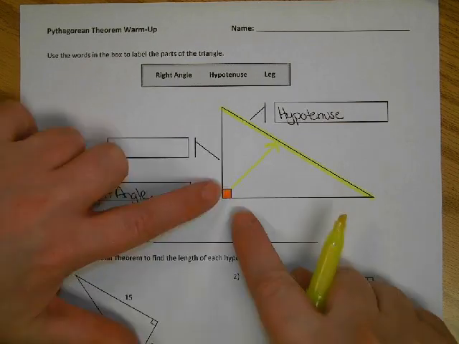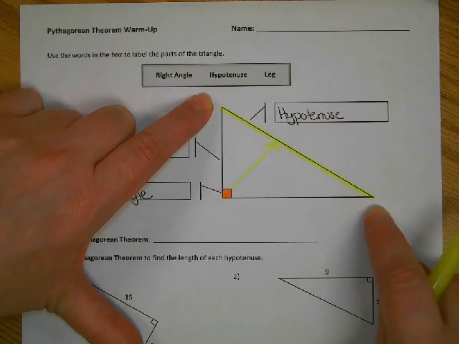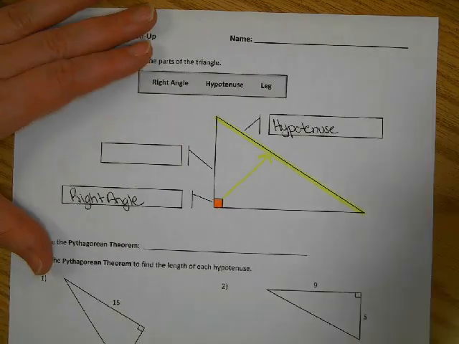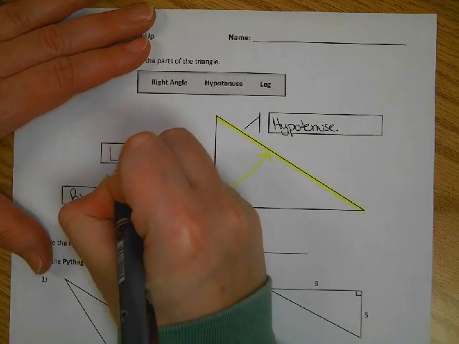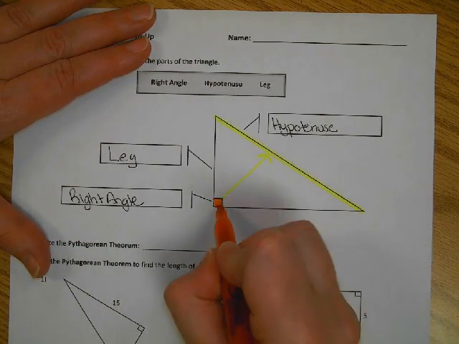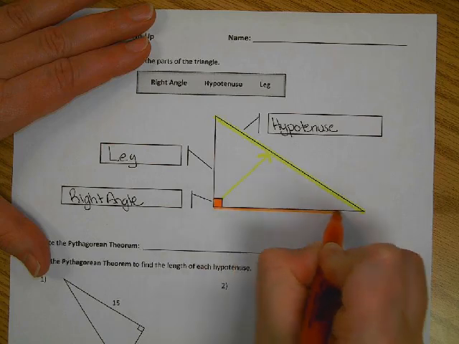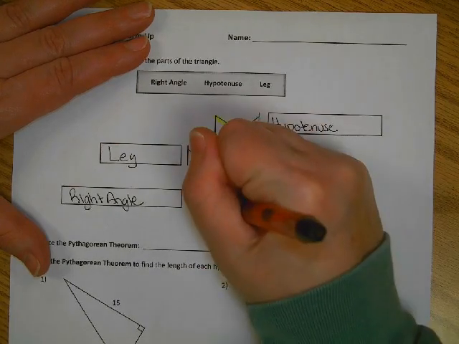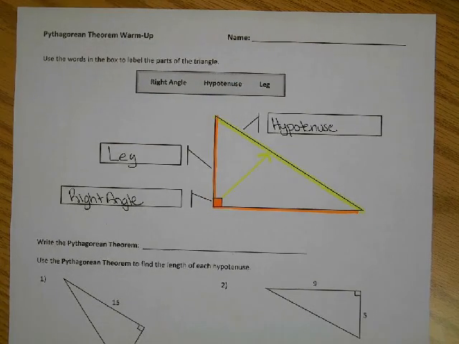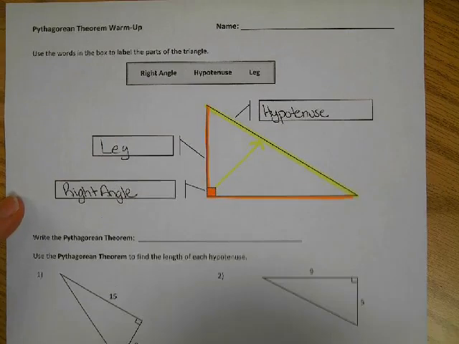Okay, and then these, what are these called? The legs. Good. And your legs are drawn off of your right angle. And what letter did we use for the hypotenuse?